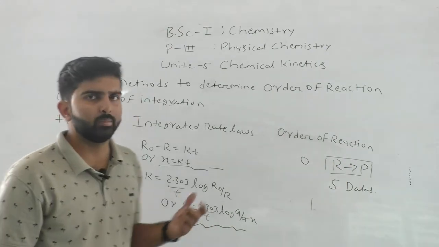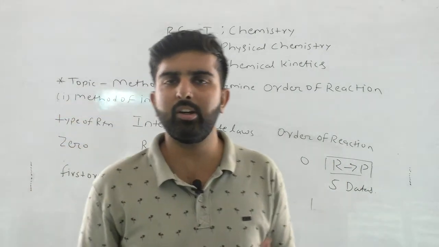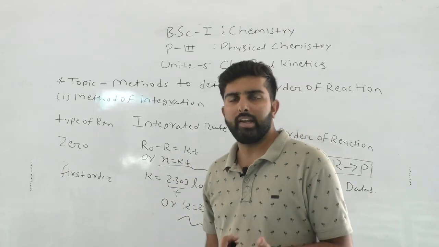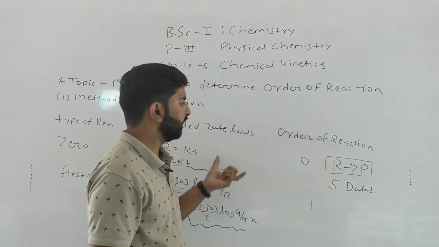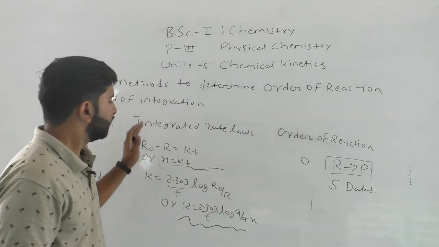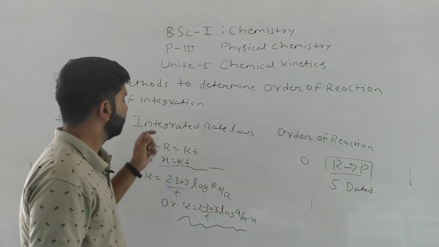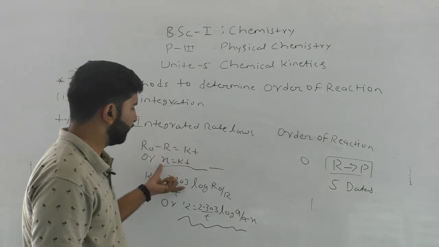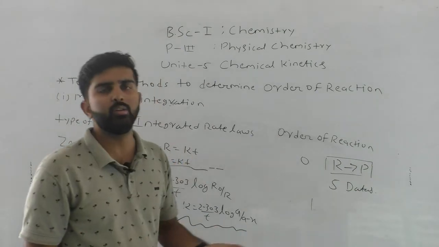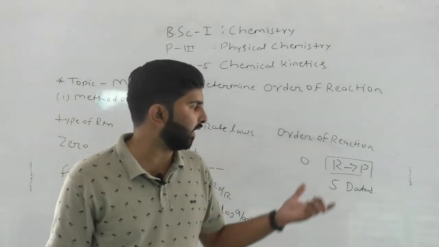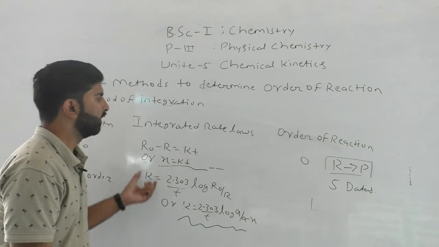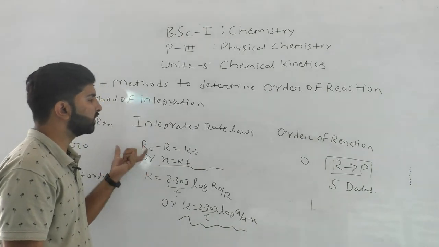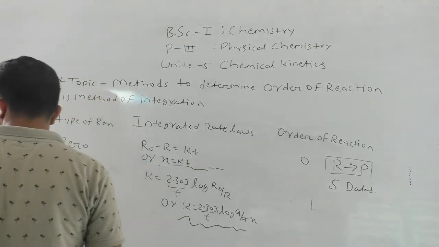If we put the observations into the second order rate law, then we say that the order of the reaction is second. Means the integrated equation which gives a constant value for every observation of a chemical reaction represents the order of the reaction. To better understand this, we take an example.